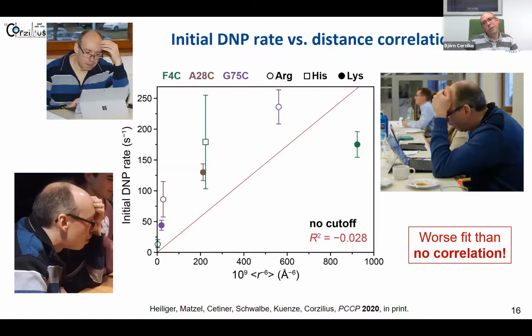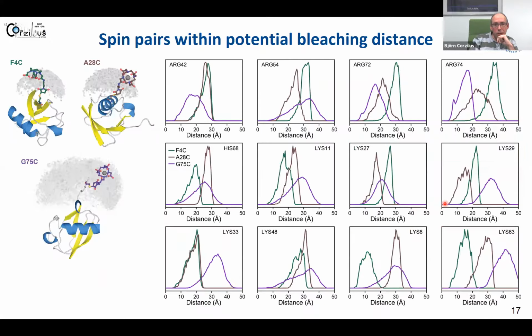So this led me to a lot of thinking and head scratching and looking at the data from different directions. At some point we figured out that if we look at these distance distributions, we find a lot of gadolinium and labeling site amino acid residue pairs where our distance distribution extends very much into really short distances.